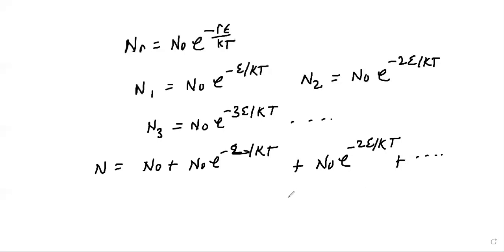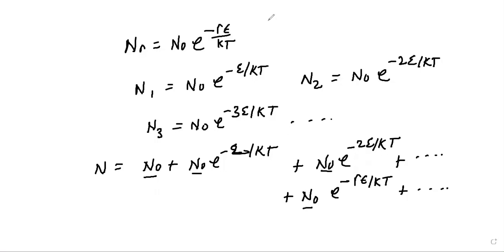And for the r term, plus N0 e to the power minus r times E by kT, plus up to. Here you can see N0 is the term that can be taken outside, since every term has this N0 value.